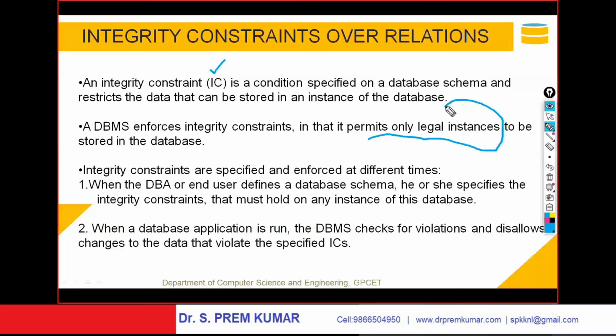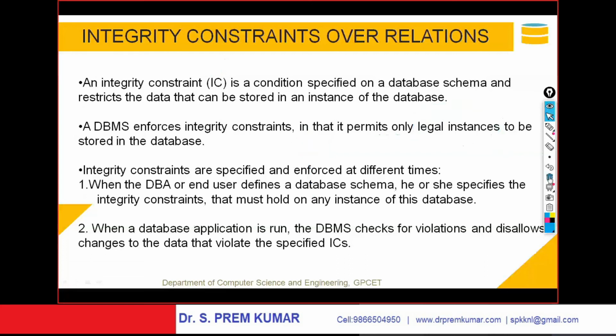Above that or below that, I'm not ready to accept. That is illegal. For example, gender. There is a column gender. Gender can be either male or female. So I put an integrity constraint that the gender can be either M or F. If anything other than this is entered, your table will not accept it. This is called an integrity constraint. You are enforcing the integrity constraints.